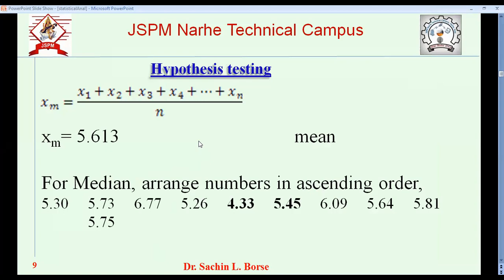Here the numbers are very few, but in real life, the amount of data will be very huge. In that case, it is difficult. So I will just share my Excel sheet. I will go to Zoom.